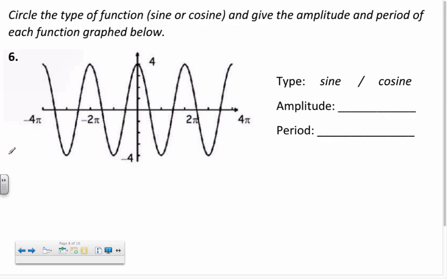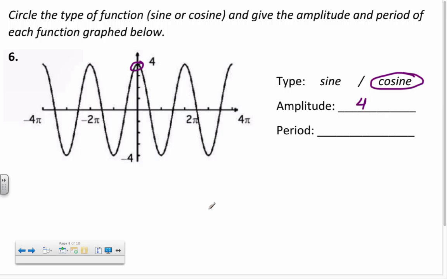This one is starting at the amplitude, which I can see is 4, so this must be a cosine function. The amplitude is the height of our waves. It goes from 4 to negative 4, and amplitude is always positive, so our amplitude is 4.